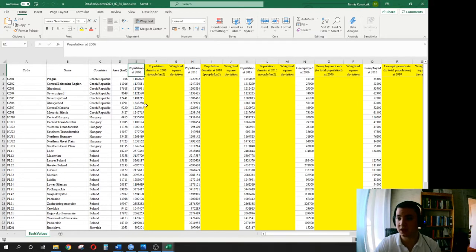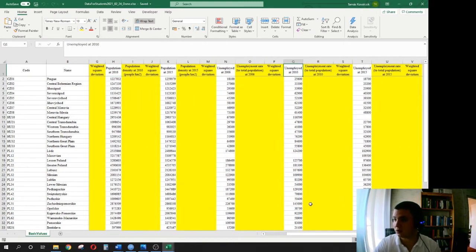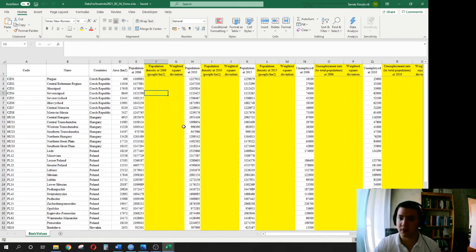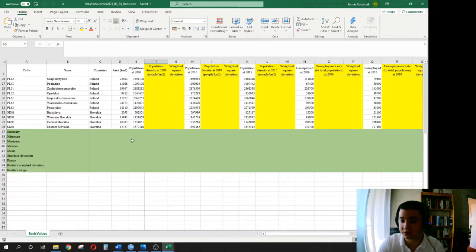For example, the area in square kilometers, population in 3 different time points, unemployed, also 3 different time points, and the GDP in million euro is the indicator, also in 3 different time points. So on the first occasion we just calculate some very basic and very simple indicators, the relative standard deviation and the relative range.